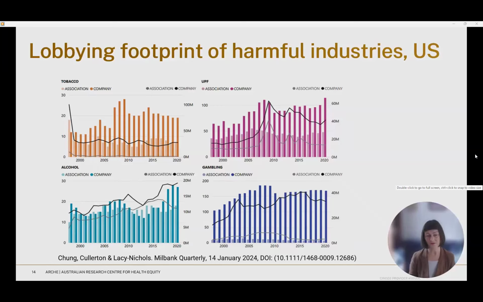And really, just the point to note is there's a lot of money associated with lobbying, either directly through the company or through company associations, but still much more to do to understand these lobbying behaviours, and the influence of the lobbying on the politicians and the policy environment as a consequence of that.